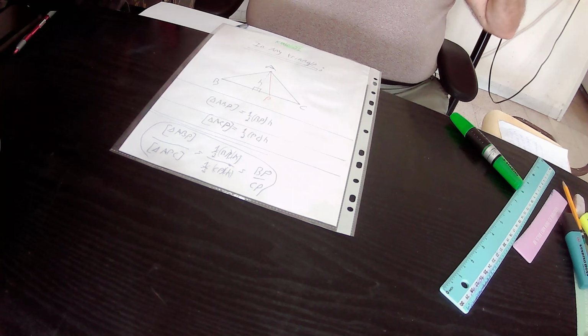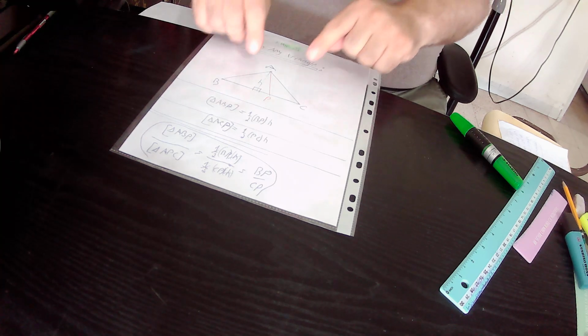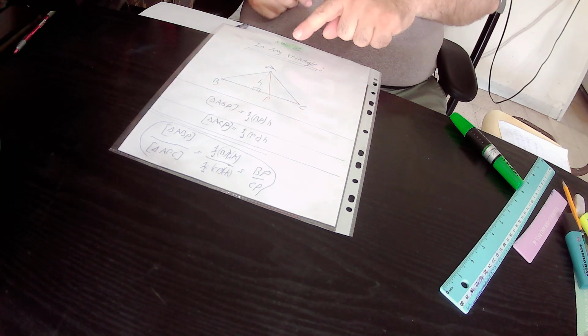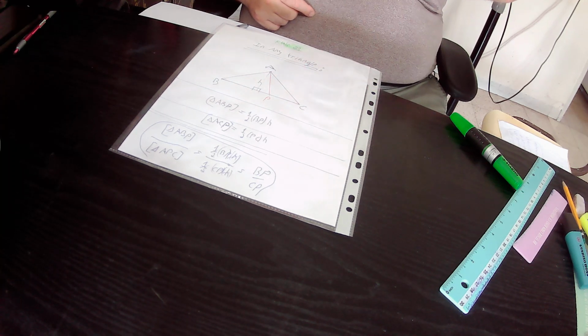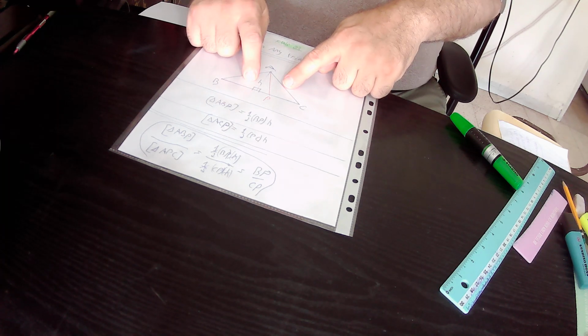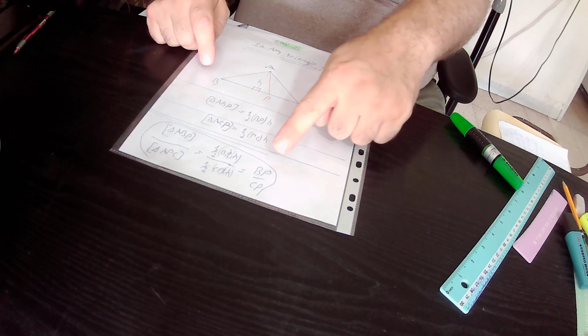So in total, we found out that the ratio between the areas of those 2 small triangles that were created by drawing the red line segment AP is equal to the ratio between their bases.